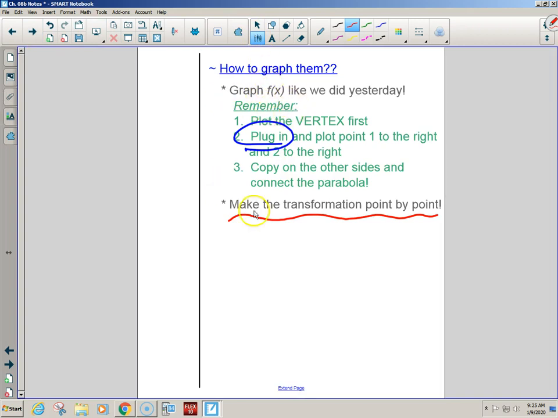Do you see how all of this top part is just graphing my F of X? This is graphing F. And then, you guys even see how I'm color coding? How do I graph the second one? I just do whatever the transformation says, point by point. That's it. I just go point by point.